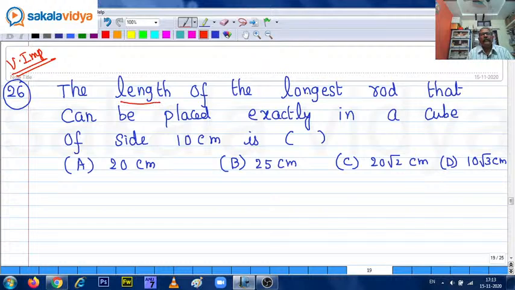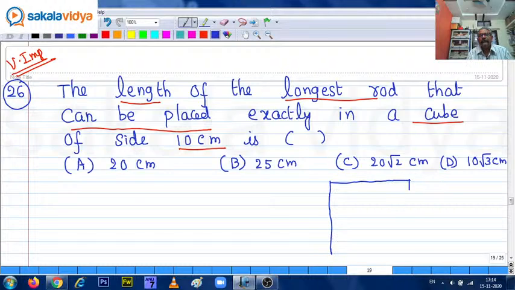The length of the longest rod that can be placed exactly in a cube of side 10 centimeters. See, this is the cube. First you take the cube, so let us draw the cube.